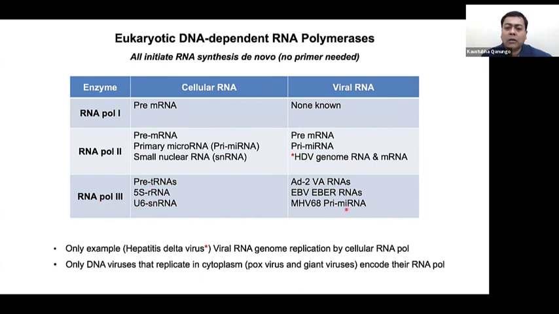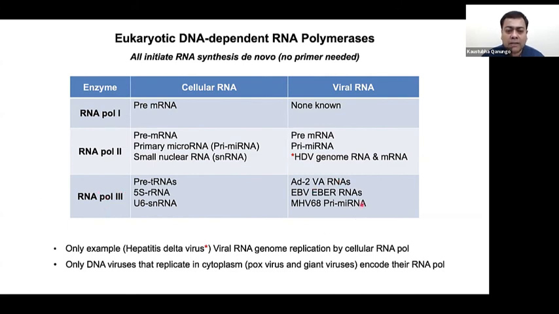And these are also used by some of the viruses, like the adenovirus virally associated RNAs. We will mention that. And then you have the Epstein-Barr virus, EBER, Epstein-Barr virus encoded RNAs. Then there is the murine herpes gamma virus primary microRNA. These are some of the examples of viruses using the cellular RNA pol 3 for making these RNAs.